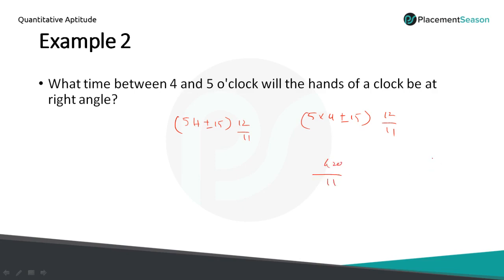If you substitute with a minus, you will get 60 by 11. If you simplify, you will get 38 2 by 11, and 5 5 by 11. So it means the hands of the clock will be at right angle after 5 minutes 5 by 11 seconds and after 38 minutes 2 by 11 seconds from 4 o'clock.